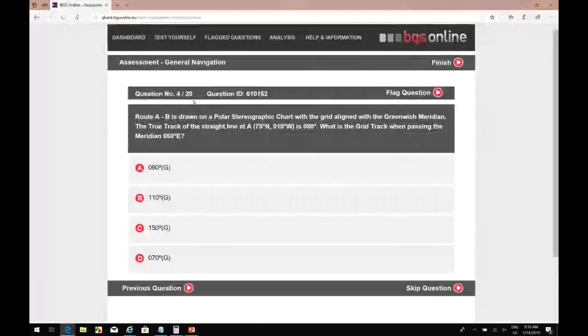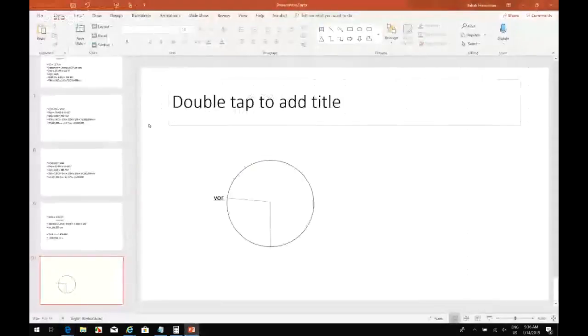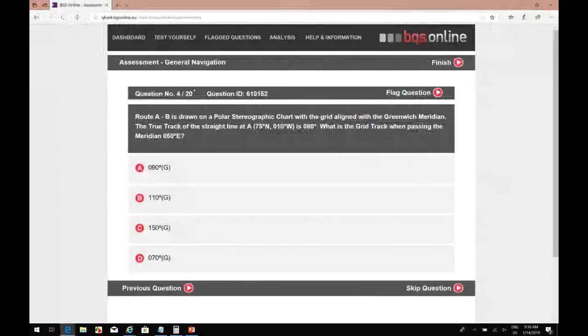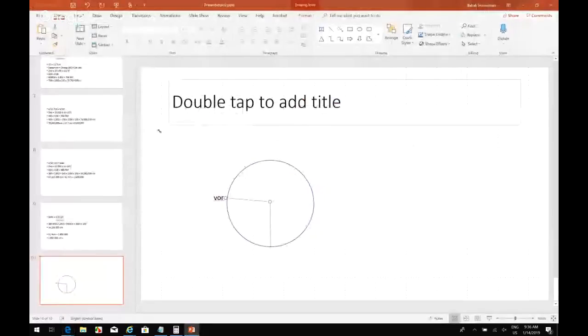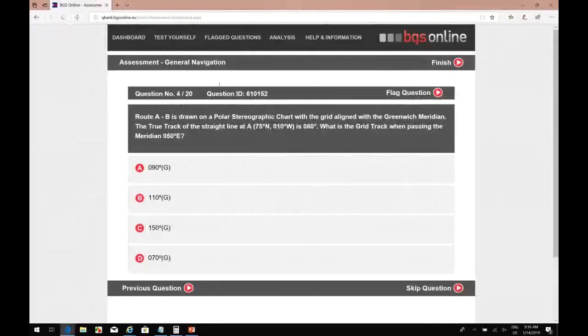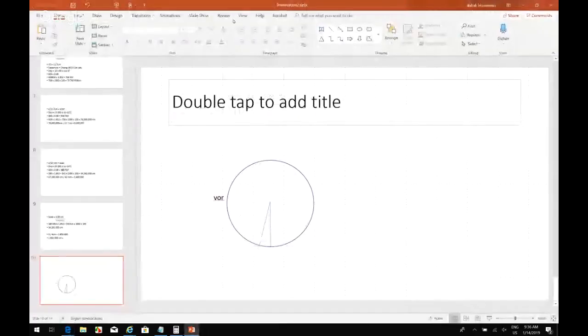So if we say this is 75 north, 10 west, the true track of a straight line at this location is 80 degrees. Okay, so 80 degrees. That would be something like 90. So we'll say 80. Let's just draw it like that. Let's say that's 80.